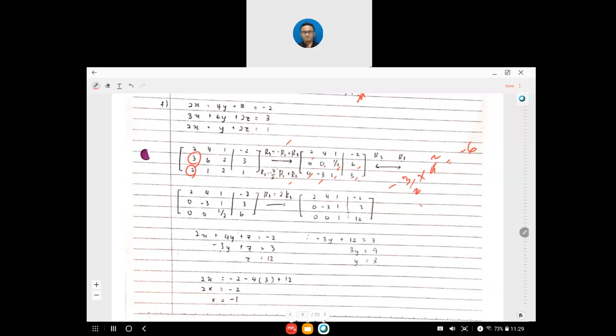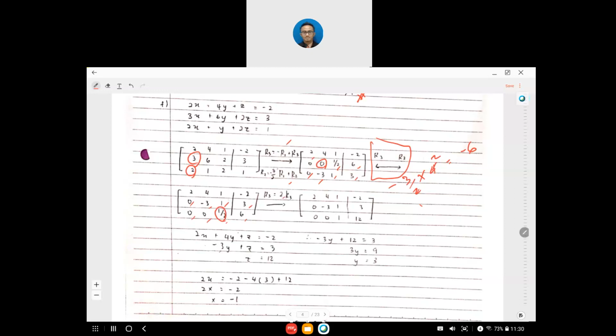Next, what does your friend do here? He changes the rows. Changing rows is also possible, because here it is already zero. So you can interchange rows. When you interchange rows, you will get 0, negative 3, 1, 3. You change between row 3 and row 2. And then 0, 0, 1 over 2, 6. And then you want to produce this value to become 1, sorry, not 0, 1.